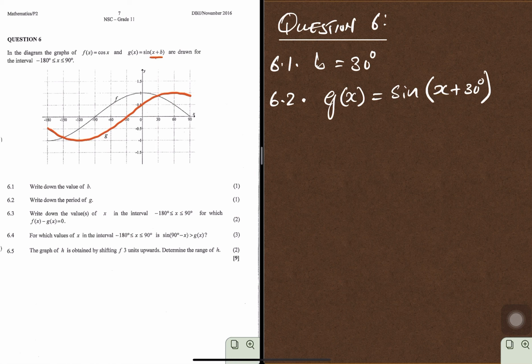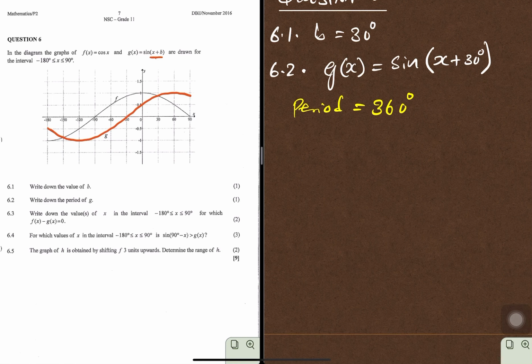So that 1 is going to divide the complete period of the sine graph, like 360 divided by the number that multiplies x. Even if that number were 2, you would say 360 divided by 2. But because we have nothing, we assume it's 1. So we say 360 divided by 1. That is 360. So to answer this question, I will say that the period is equal to 360 degrees. You get 1 mark for that as well.